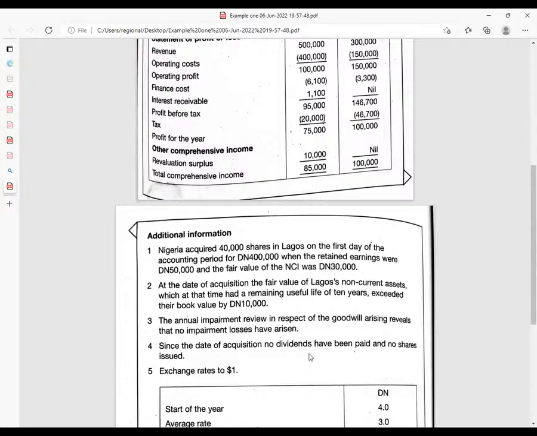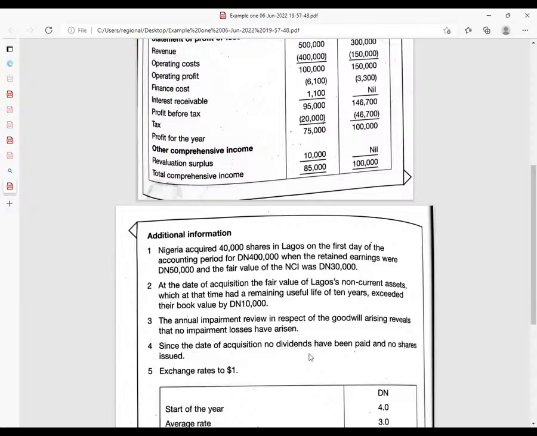At the date of acquisition, the fair value of Lagos' non-current assets, which had a remaining useful life of 10 years, exceeded their book value by DN 10,000. The annual impairment review in respect of the goodwill arising reveals that no impairment losses have arisen. Since the date of acquisition, no dividends have been paid and no shares issued.